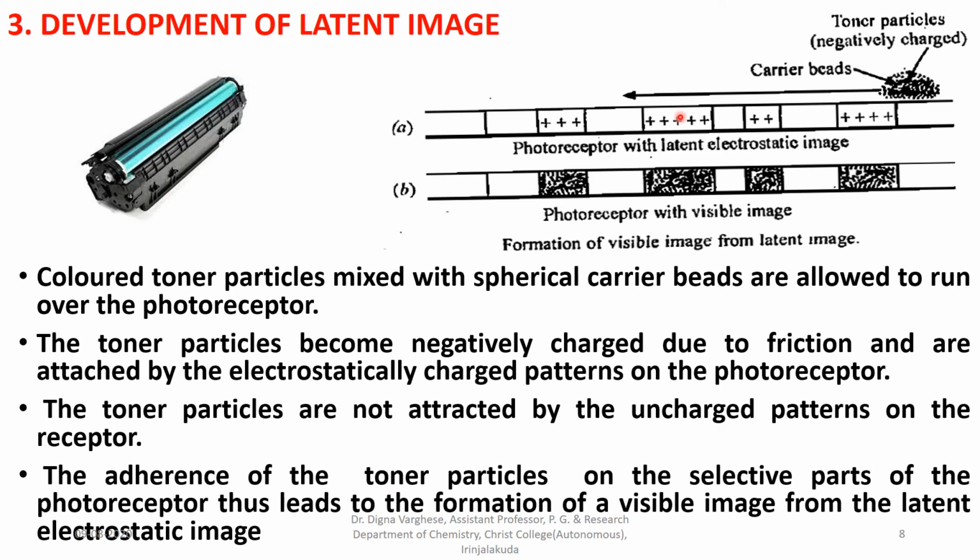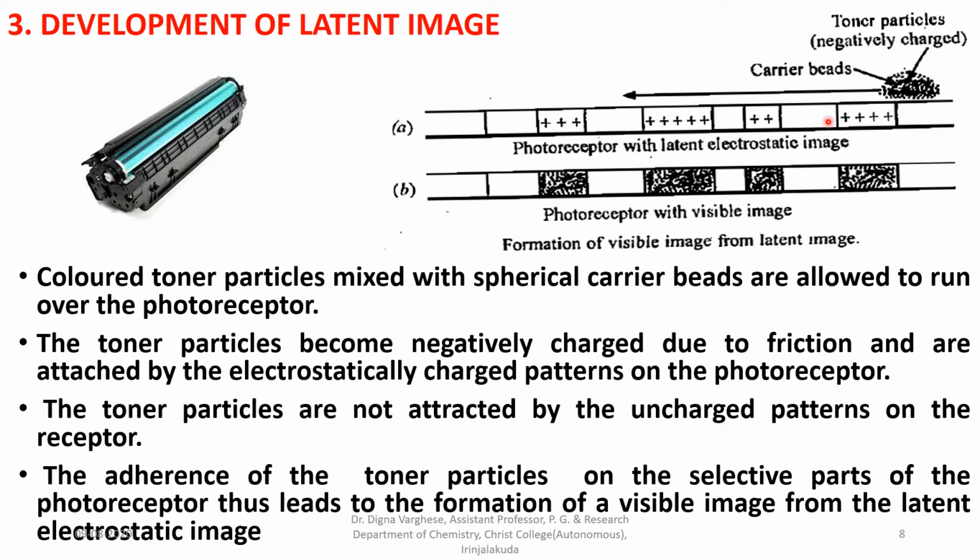The adherence of the toner particles on selective parts of the photoreceptor thus leads to the formation of a visible image that exactly matches the latent electrostatic image. Here we can see from this figure the formation of the visible image from the latent image.